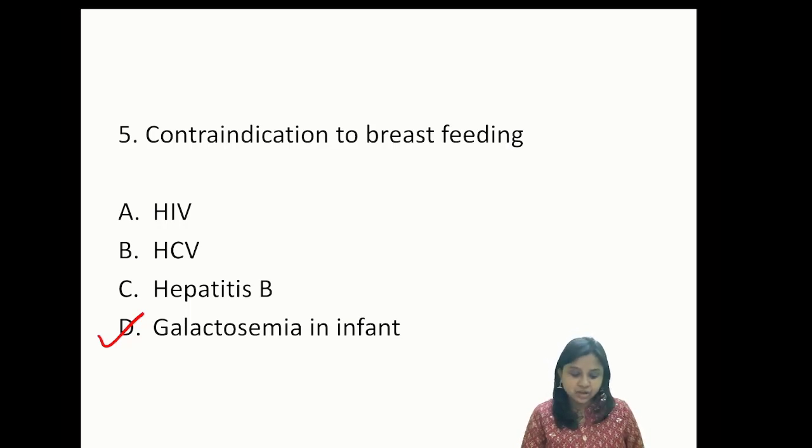Like HIV, previously we used to think that this is an absolute contraindication, but now this is a relative contraindication. And in HIV child also, we promote breastfeeding. So breastfeeding should be promoted to all mothers. And previously we need to stress on exclusive breastfeeding. We used to write EBM. Now we are actually stressing on MOM, that is mother's own milk, to be promoted.